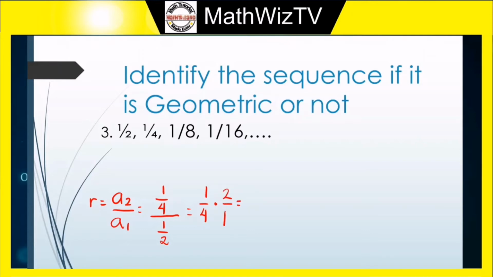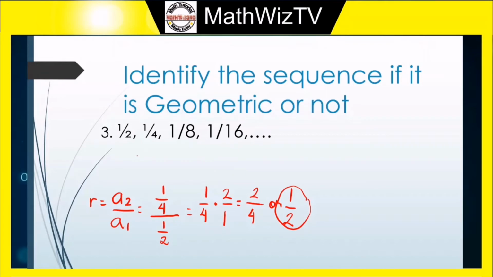Therefore, if we multiply 1 times 2, which is equals to 2, all over 4 times 1, which is equals to 4. Or since 2 and 4 are divisible by 2, we can divide it by 2. 2 divided by 2 is equals to 1. 4 divided by 2 is equals to 2. So therefore, the common ratio is 1/2. Our R is equals to 1/2.